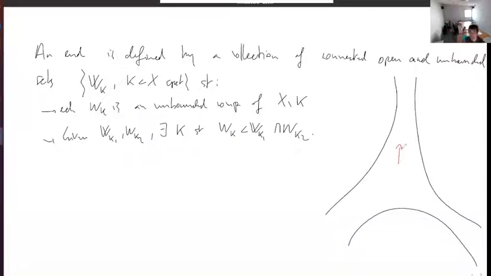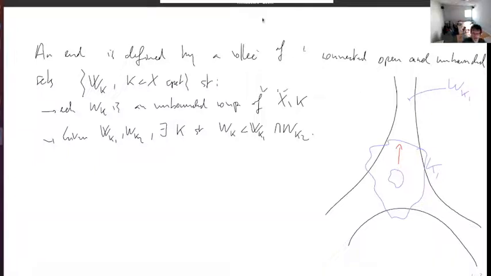You pick a compact set, for instance this one, K1. Then the unbounded component that I should consider is this one, W sub k1. Of course, I could have holes here. This one in the middle is a bounded component, so I don't care about it.